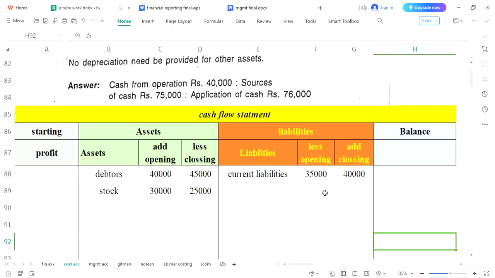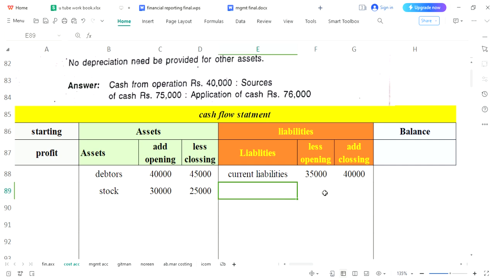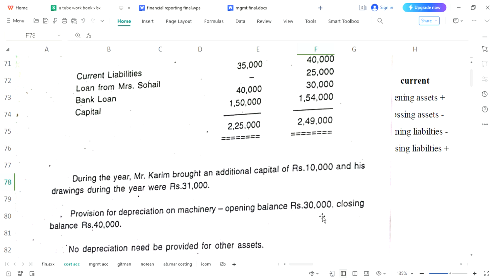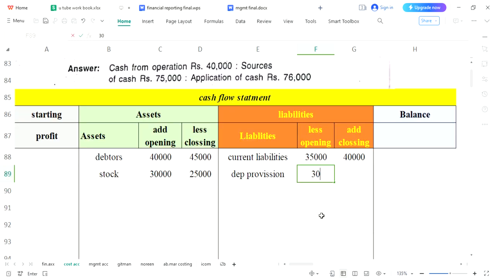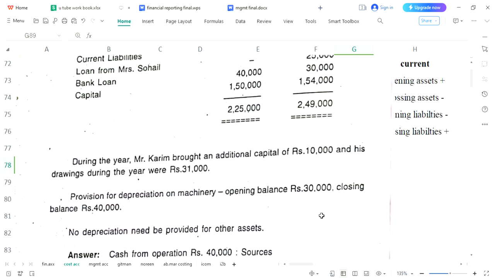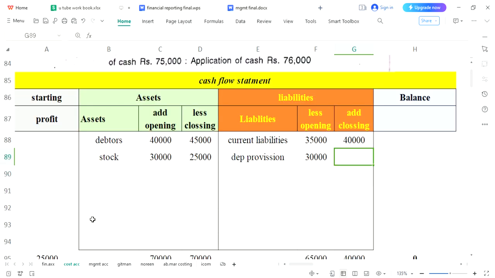So here we have depreciation provision. Since it is a provision, that is why we are writing it on the liability side. Opening depreciation is 30,000 and closing depreciation is 40,000.